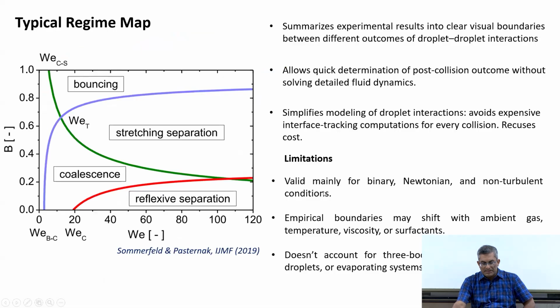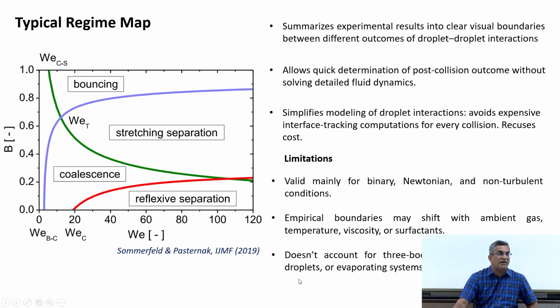However, the limitations are that this type of map is basically valid for binary, non-Newtonian, non-turbulent conditions, because the experiments did not account for the turbulent flow field which you always have in a practical application. And these boundaries that we have just discussed may shift with ambient gas, temperature, viscosity, surfactants, and it also does not account for three-body collisions which may happen if your loading is high.